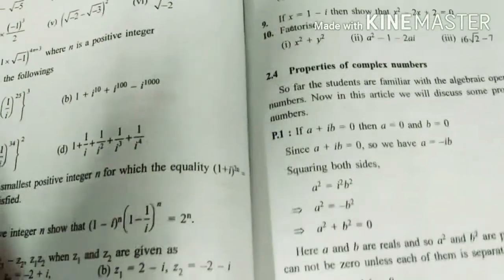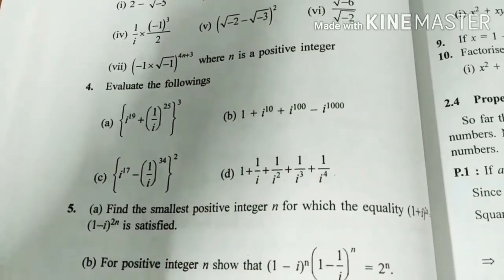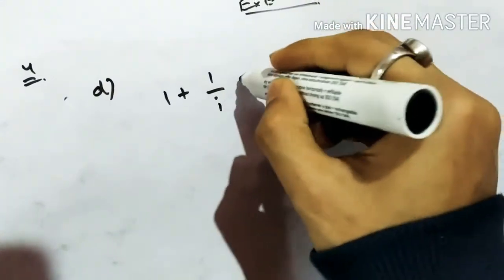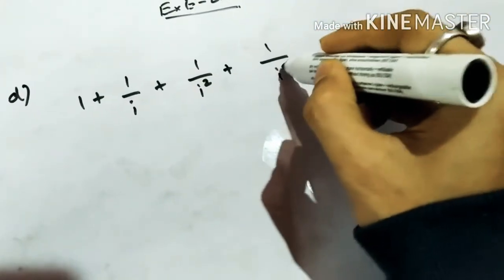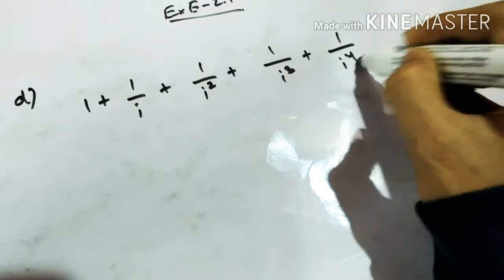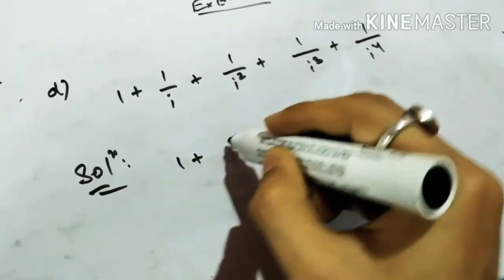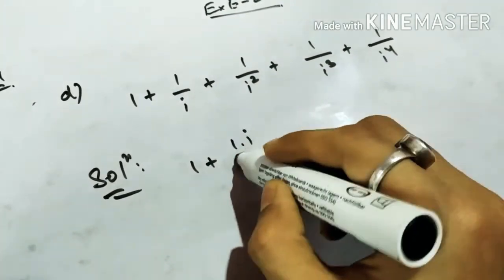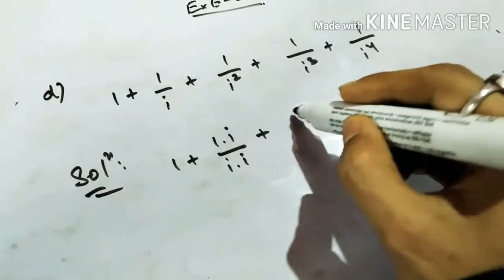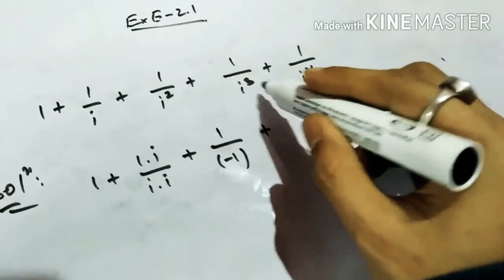Next, number D. Solution. So in here, let us multiply both sides by i. 1 into i by i into i plus 1 by minus 1 plus i^3.